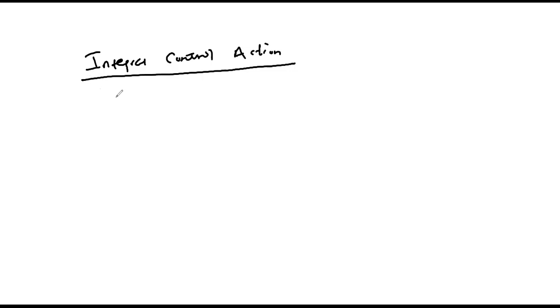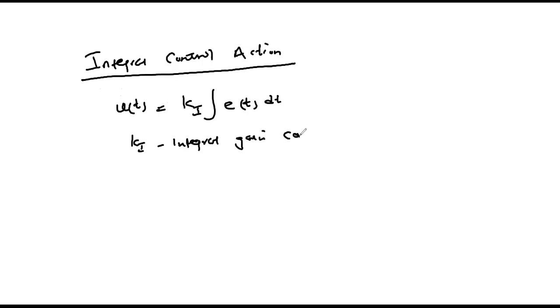The control signal is an integral of the error signal, defined by u of t equals Ki times the integral of e of t dt, where Ki is the integral gain constant.